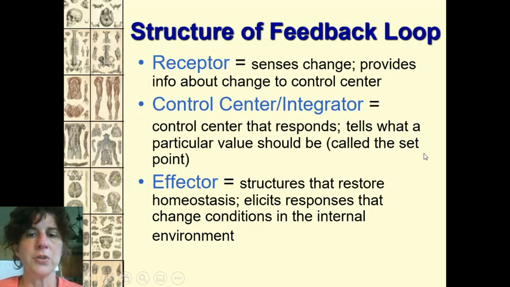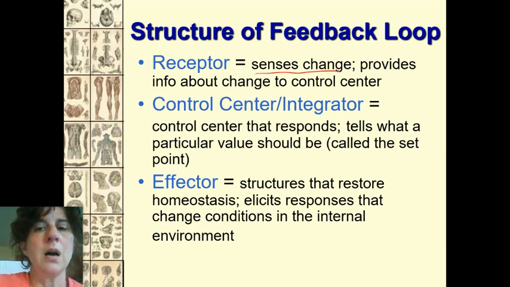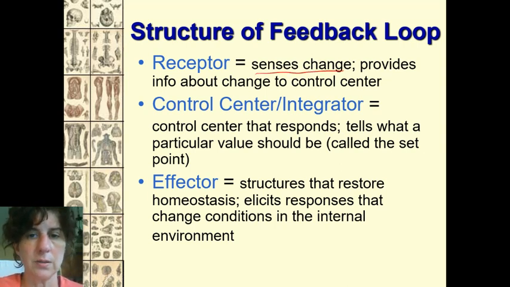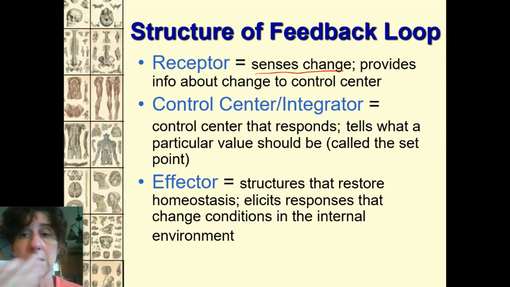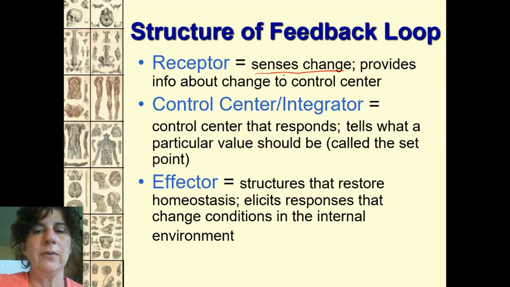First, the receptor. The receptor is constantly monitoring what's going on. You have receptors for body temperature all over your body. You have receptors for blood pH in different parts of your body. When the blood runs through there, it takes a little census of it: normal, nope, yes, whatever is going on there. And then it always provides information back to the control center.